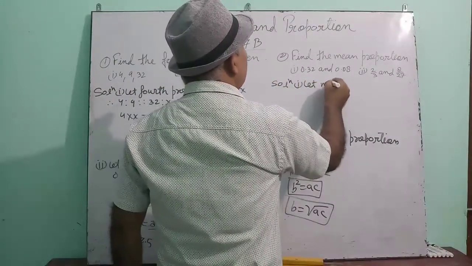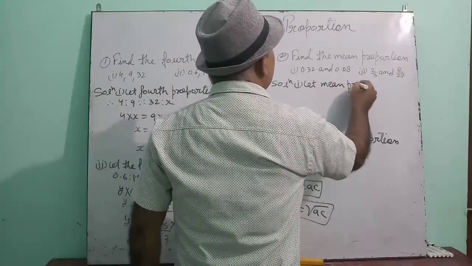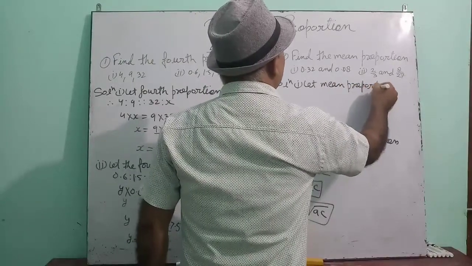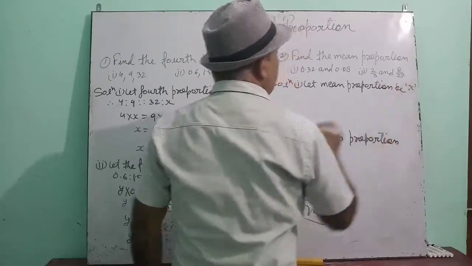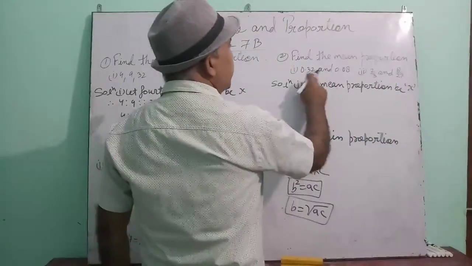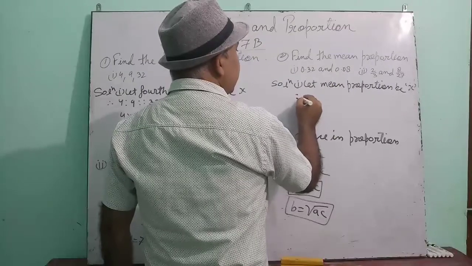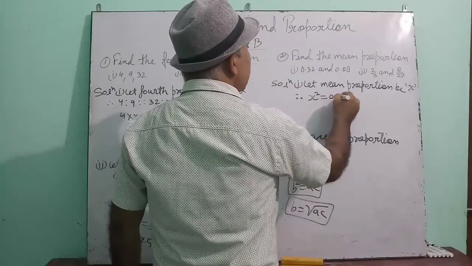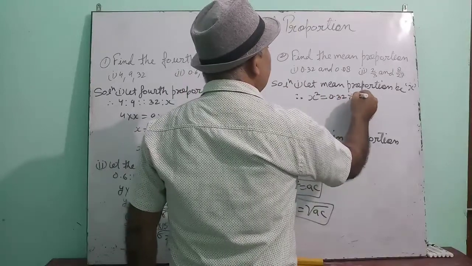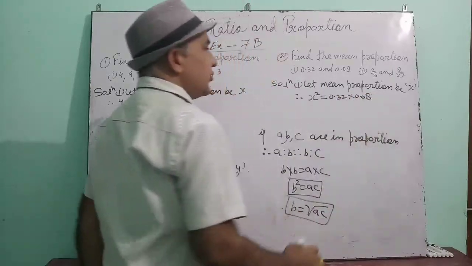See how I will use here. Let mean proportion be x. If mean proportion is x, then we can write that x square is equal to 0.32 into 0.08.